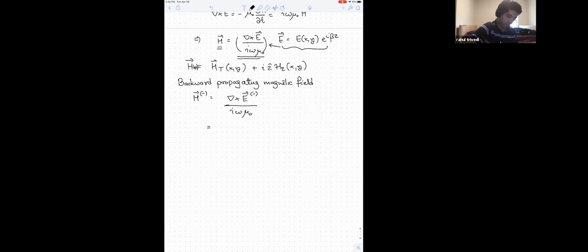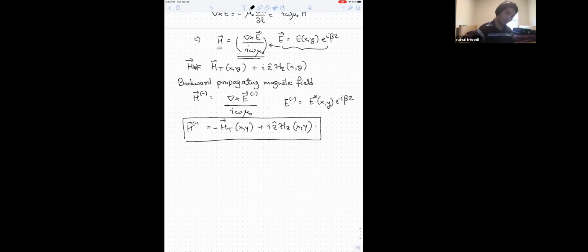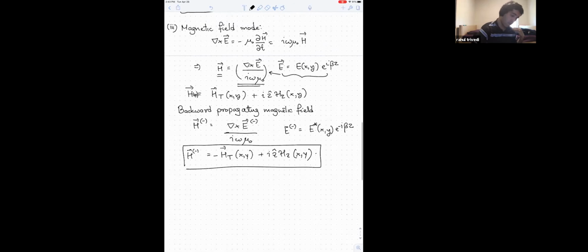And again, if you plug in the form of E minus, which was E star of x, y exponential minus i beta z, what you end up getting is H minus, H_t of x, y plus i z hat H_z conjugate of x, y, okay? So all of these seem like details, but they're very important. So that's why I'm going through them here.